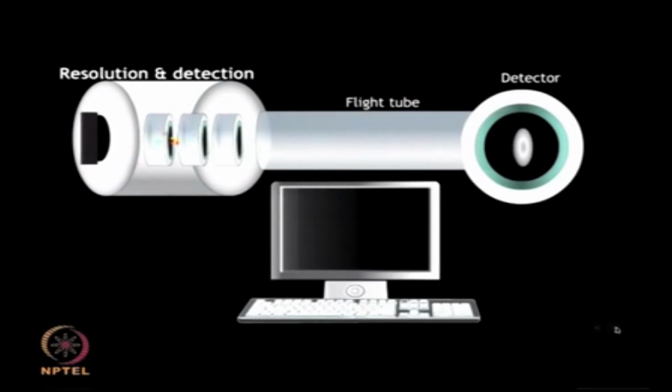The gas phase ions generated are accelerated and travel through the flight tube at different rates. The lighter ions move rapidly and reach the detector first, while the heavier ions migrate slowly.